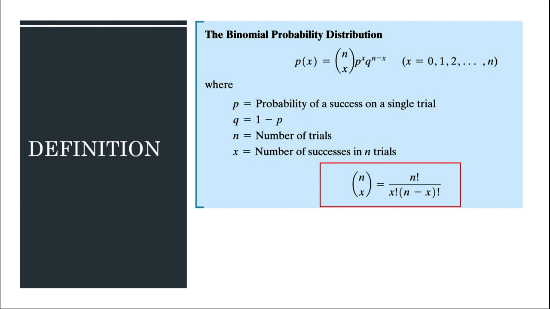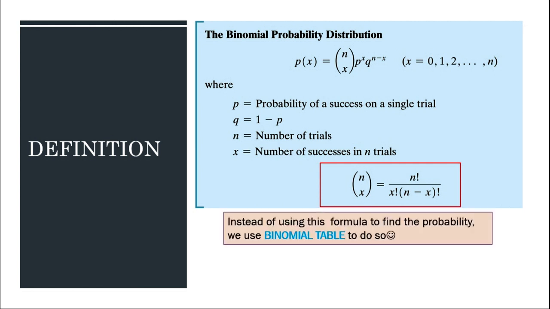In this formula, p is the probability of a success. q is the complement, 1 minus p. n is the number of trials, and x is the number of successes in n trials. In our class, instead of using this formula to find the probability, we use the binomial table to do so.